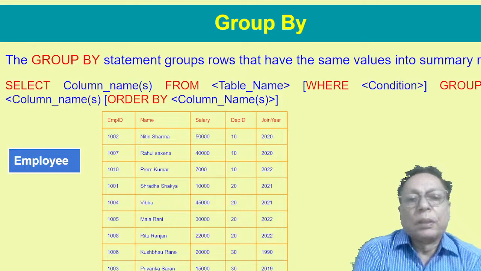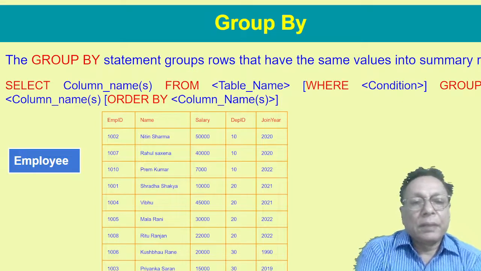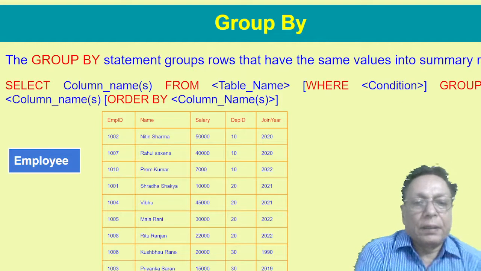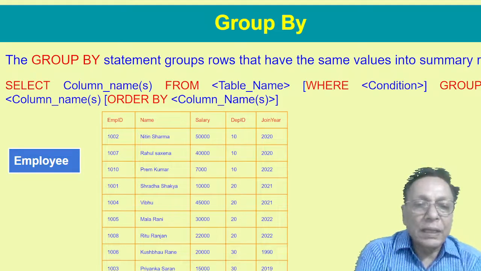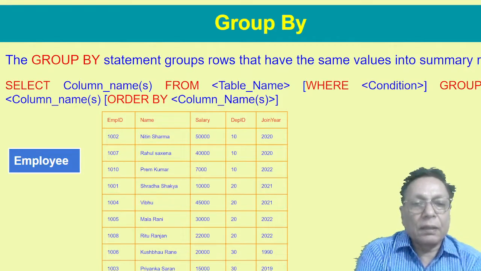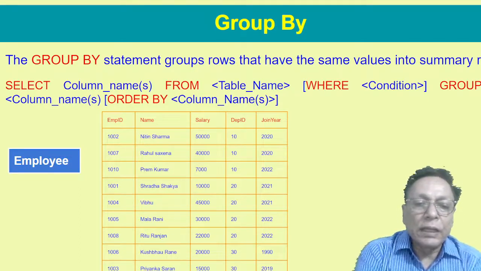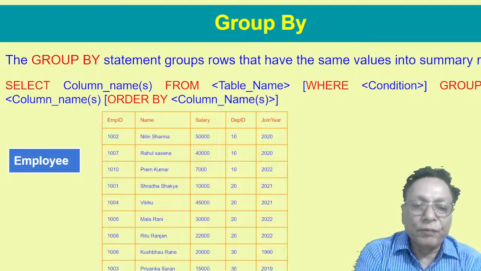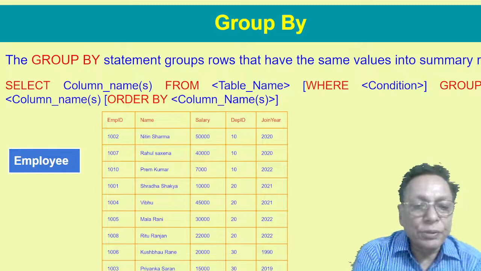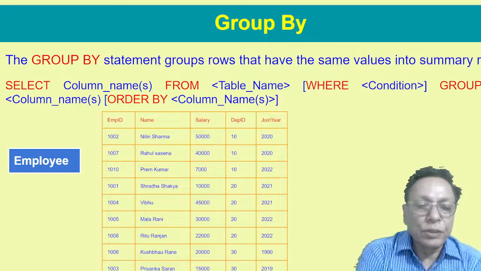I want to summarize it by department: how much salary is being distributed in department 10, how much salary is being distributed to the people of department 20, how much to the employees of department 30.